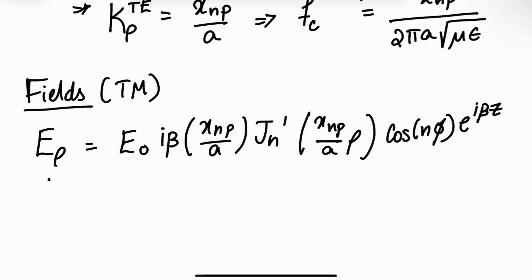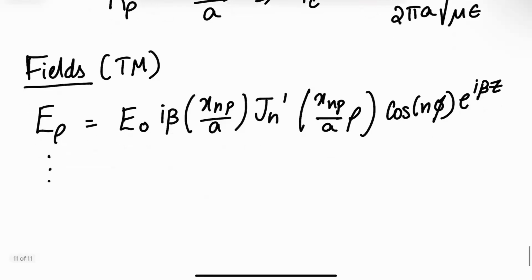Similarly, you have E phi, Ez, H rho, and H phi. You can find them in the textbook if you like, but you get these fields.